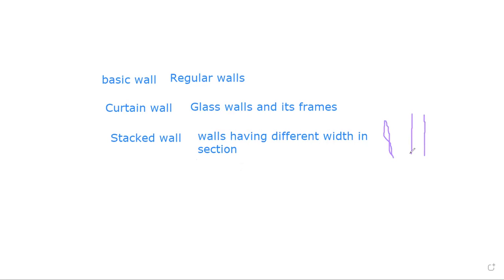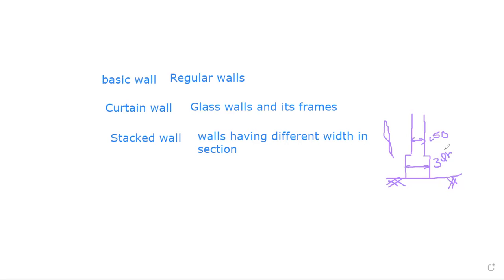From ground level up to some height, my width is, let's say, 300. And after that, my width is reduced to 250. Okay. So this type of wall is called a stacked wall.